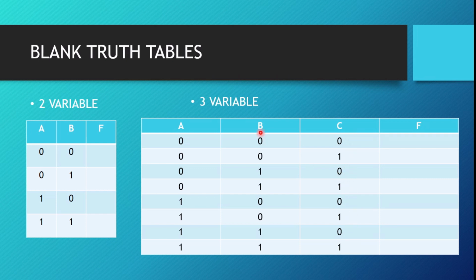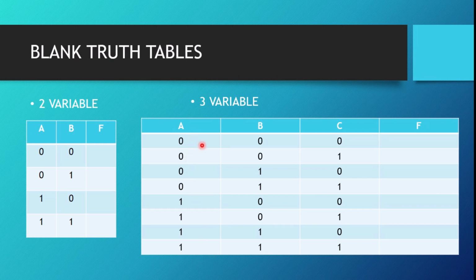Okay. After that, in the second column from the right, first we have done the rightmost column, then we come to the second column from the right. Okay. 0, 0, 1, 1, 0, 0, 1, 1. Right. And in the next column it will be 4 zeros and 4 ones.